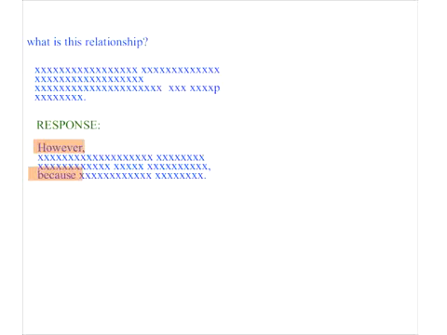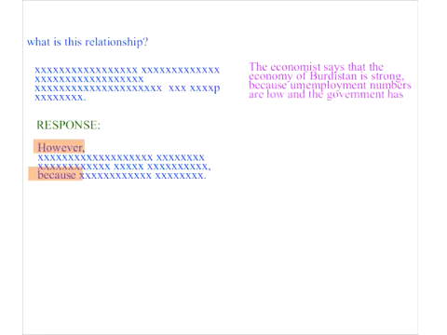The Economist says that the economy of, I'm going to make up a country called Kurdistan, is strong because unemployment numbers are low and the government has been creating new jobs at record rates.